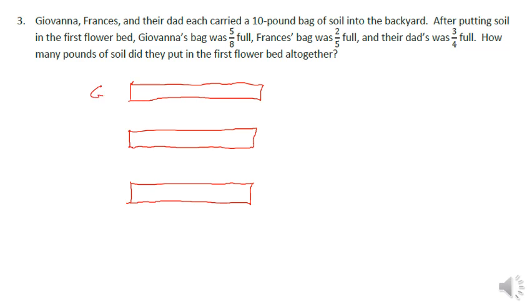And I'm going to put just G here instead of spelling the same thing out. Francis and their dad. Now Giovanni, and it said each one of them carried 10 pounds.